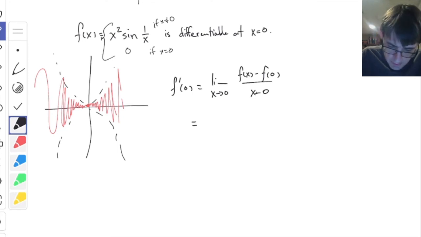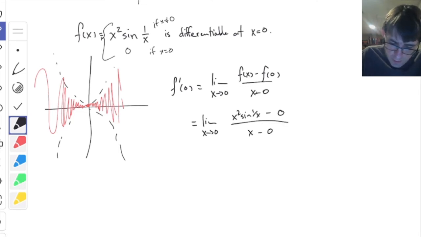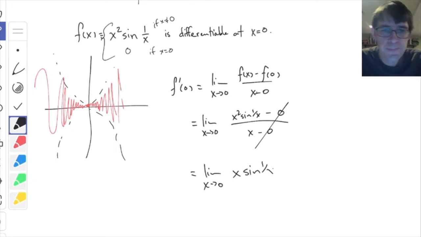So this is the limit as x goes to 0 of x squared sine 1 over x minus 0 divided by x minus 0. Again, these zeros don't matter, and the x's can cancel one of the x's. So I end up with the limit as x goes to 0 of x sine 1 over x. And this limit actually does equal 0, right?